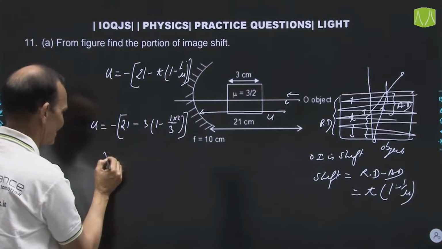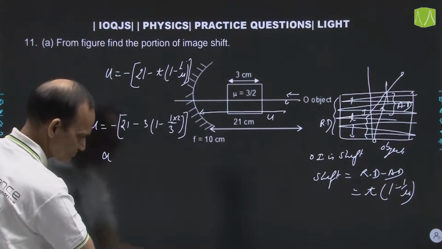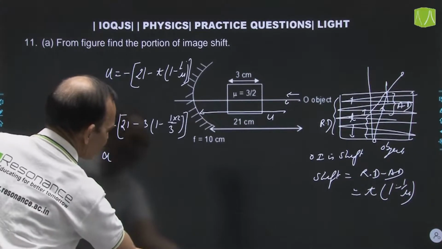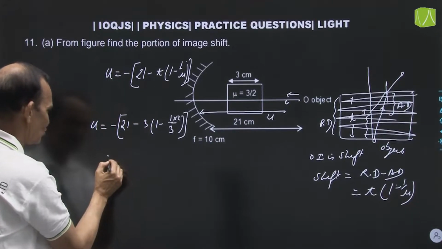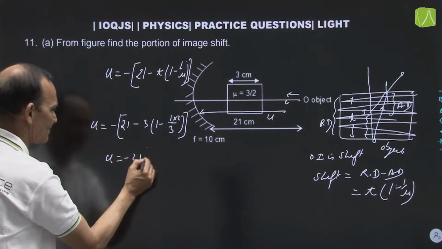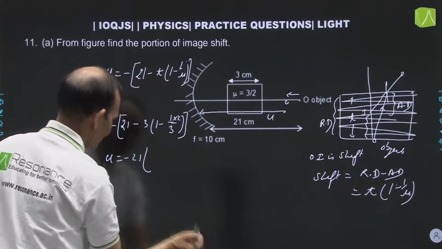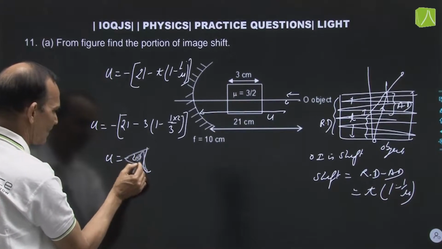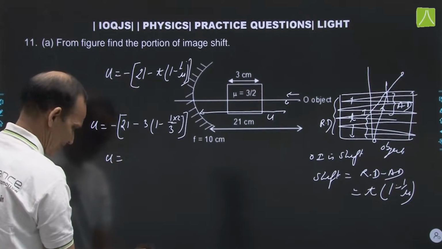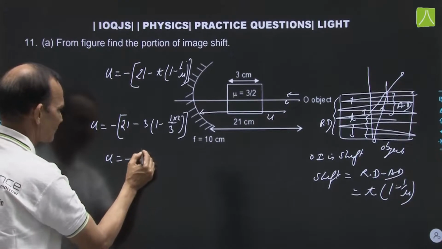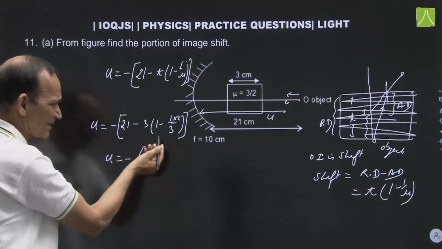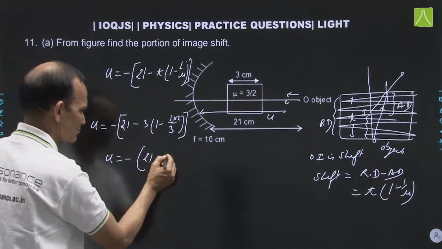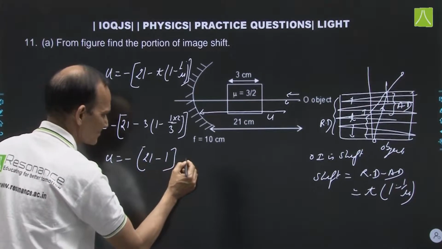We can calculate it. What is the value of U? U will be equal to minus 21 minus, we can solve it easily, 3 and 3 cancel, that is only 1, that is how much?